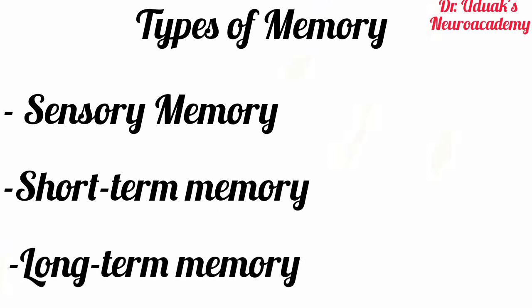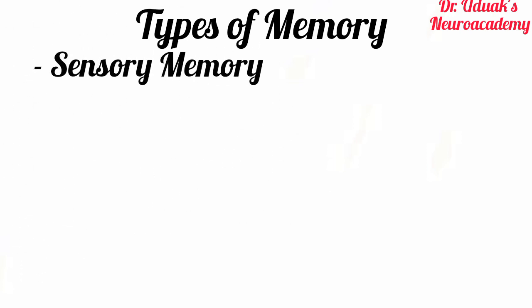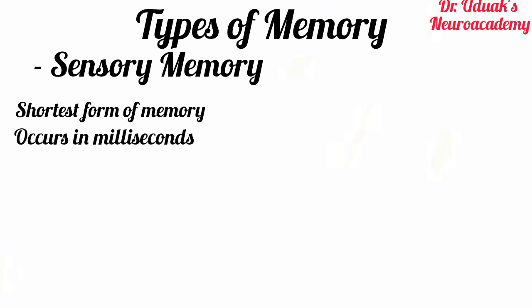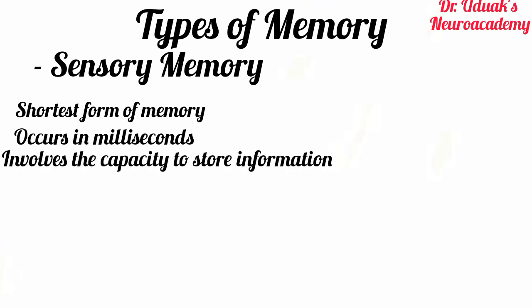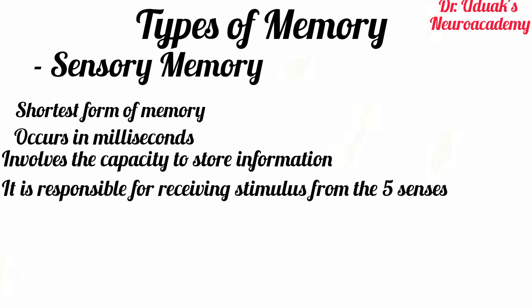Now, sensory memory is the shortest form of memory. It usually occurs in milliseconds, and it involves the capacity to store impressions after having ended the original stimulus. It is responsible for receiving stimulus from the five senses, which are stored briefly but accurately.